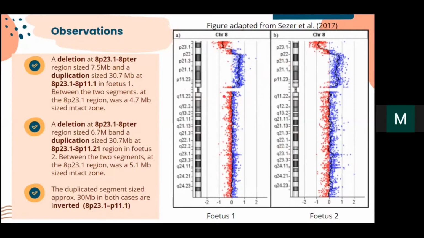So between the two segments, there is a region of intact zone. This region is not changed, it's not structurally rearranged.